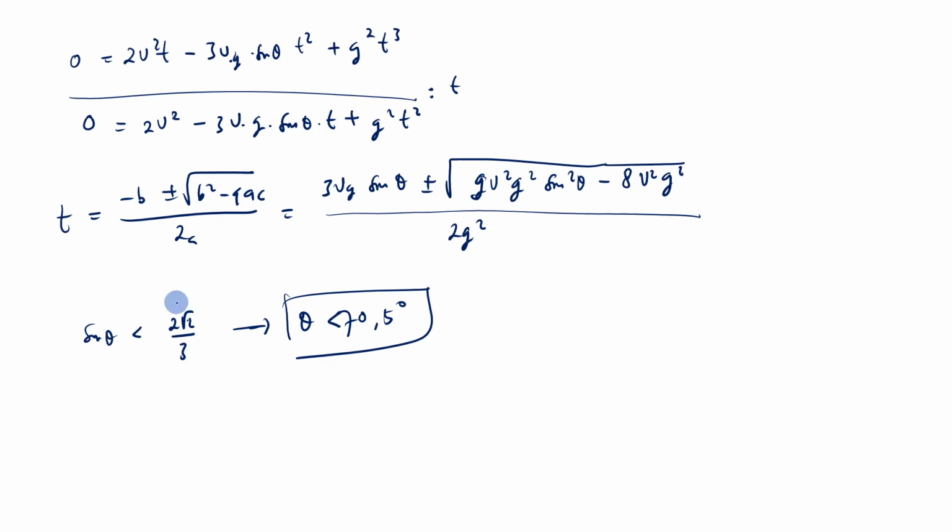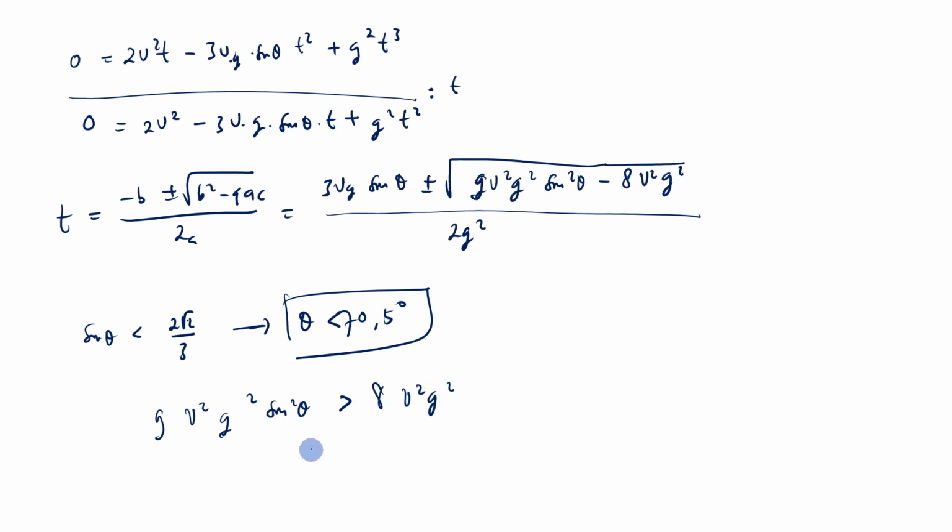And where does this term come from? We can make some approach like this. This is the g sin theta squared, and of course this is the v squared g squared.